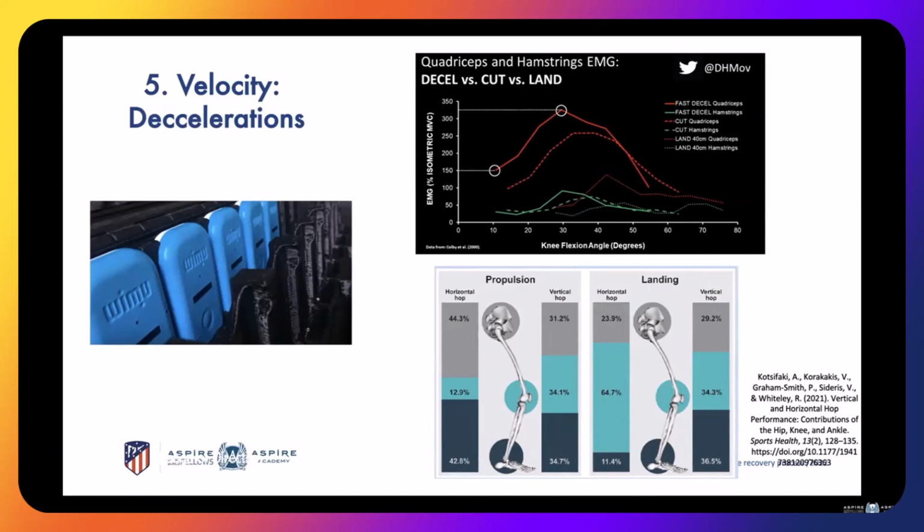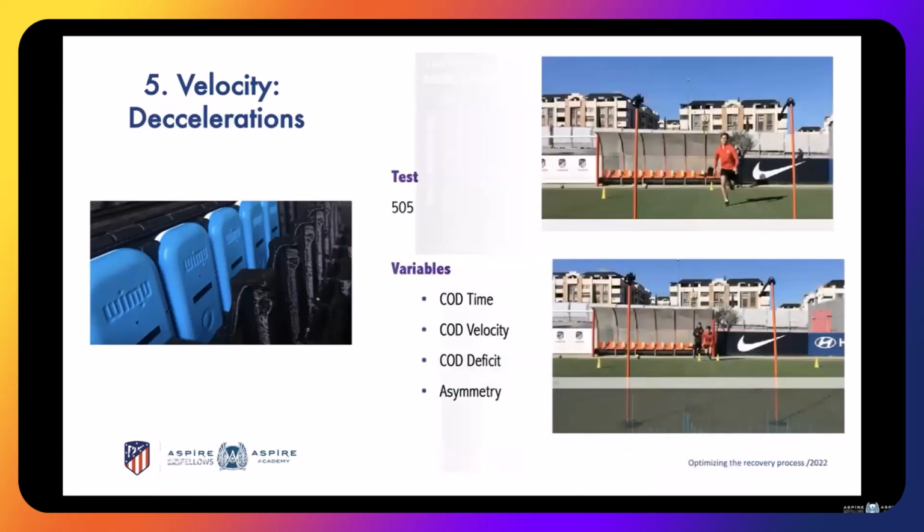So it's important to be sure that we are having this horizontal deceleration stimulus, and that's why we also use the GPS for the deceleration velocity profile. And here, two examples of testing that we do, not just to see the performance, but also to see the kinematics.